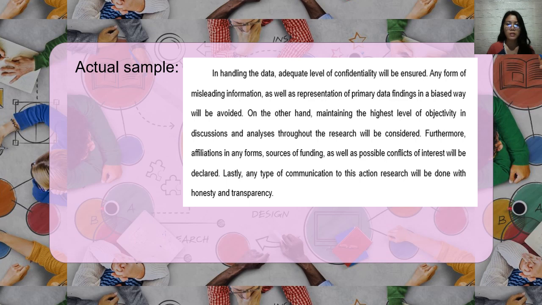On the other hand, maintaining the highest level of objectivity in discussions and analysis throughout the research will be considered. Furthermore, affiliation in any form, sources of funding, as well as possible conflicts of interest will be declared. Lastly, any type of communication to this action research will be done with honesty and transparency.